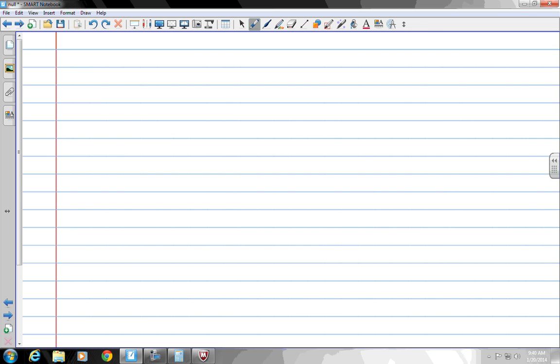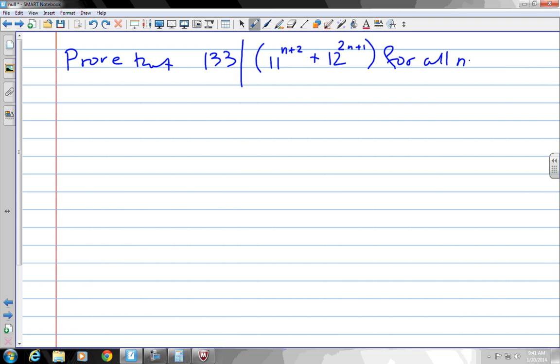Without sigma, one of those division problems. Prove, and this is a really fun one, that 133 divides 11 to the power n plus 2 plus 12 to the power 2n plus 1 for all natural numbers n.